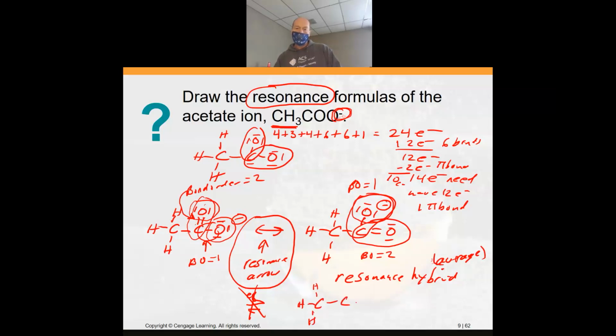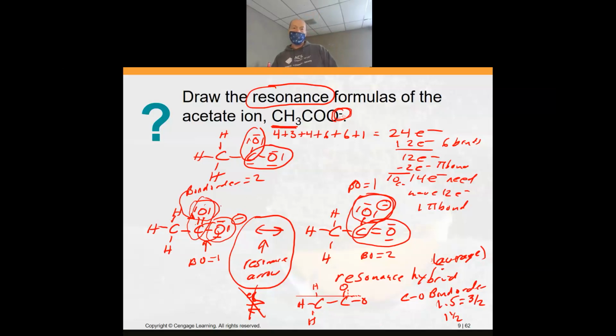Then that's bonded to a C. And then we have an O, and then we have an O. And what we have then is a dotted line that goes between the two, the CO. Because your bond order is not 2, it is not 1, it is the average. So your bond order is 1.5. So your CO bond order is 1.5, or 3/2, or 1 1/2. All right, so you can write it any of those ways. Your bond order is 1.5.